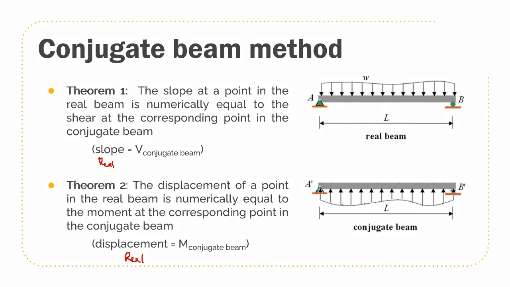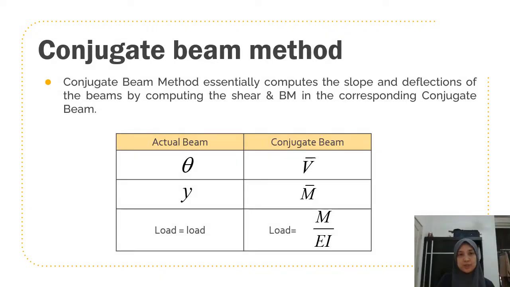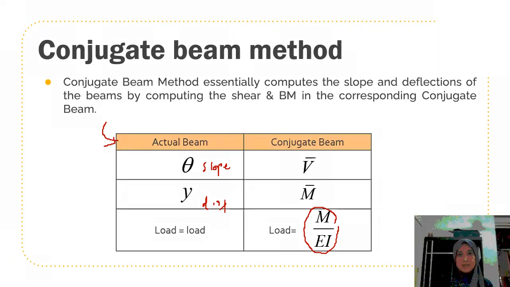What you need to know is: if you have an actual beam, the slope and the displacement would be the shear and also the moment inside your conjugate beam. But make sure that you change the load on your conjugate beam into M over EI. Put M over EI in and then you analyze. I think this is very easy. I will show you in this example.